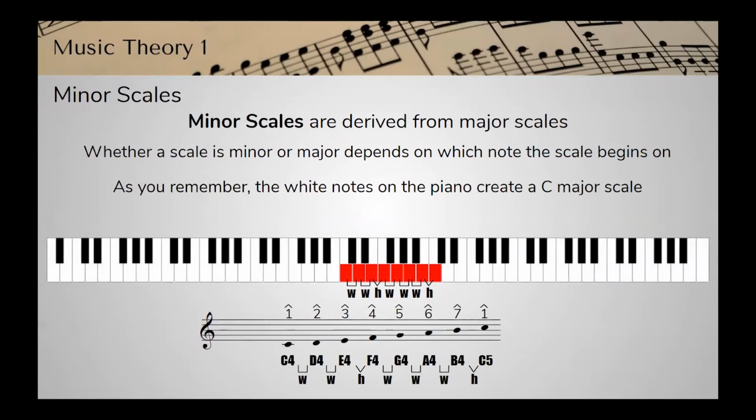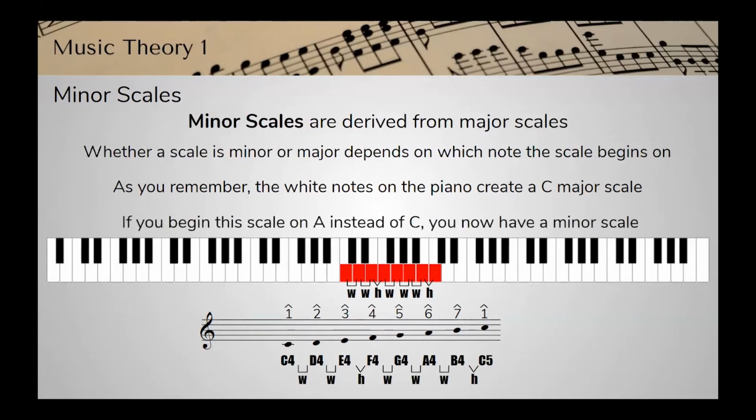So these are just the white notes on the piano starting on C, which makes a major scale. But if we begin this scale on A instead of C, we now have a minor scale. So here are the exact same notes, just starting on A instead of C. Okay, so now it's a minor scale simply because we changed which note we're starting on.